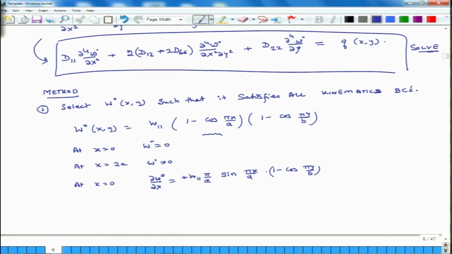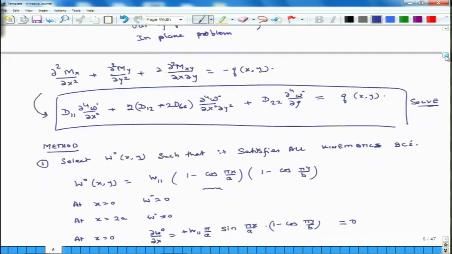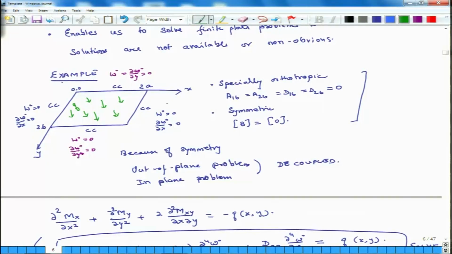So, this is the slope in x direction. This is equal to 0 at x equal to 0, and at x equal to 2a, again, when we put x equal to 2a, sine of 2 pi is 0. So, again this is equal to 0. Okay. So, all these kinematic boundary conditions are satisfied.